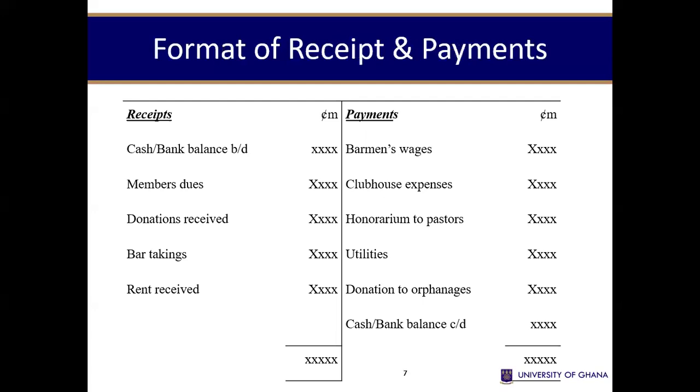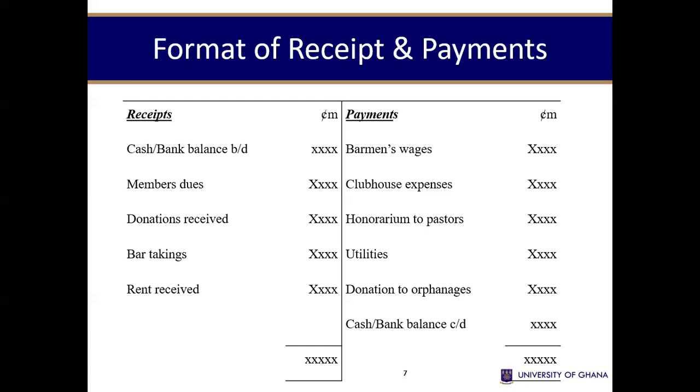Now, if you look at the format of the receipt and payment account, the debit side, of course, is recording all receipts in the form of cash, and then the payment side is recording payments that have been made, either in the form of wages to those who are taking care of the extra business that the non-profit organization may be doing, like a bar, like a bookshop that they may be running.